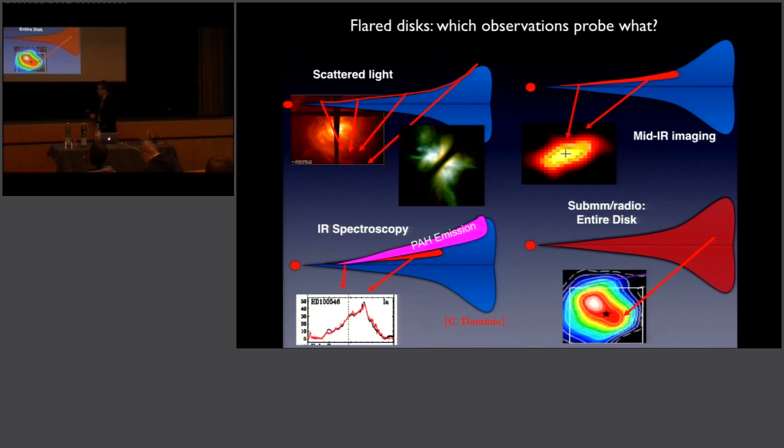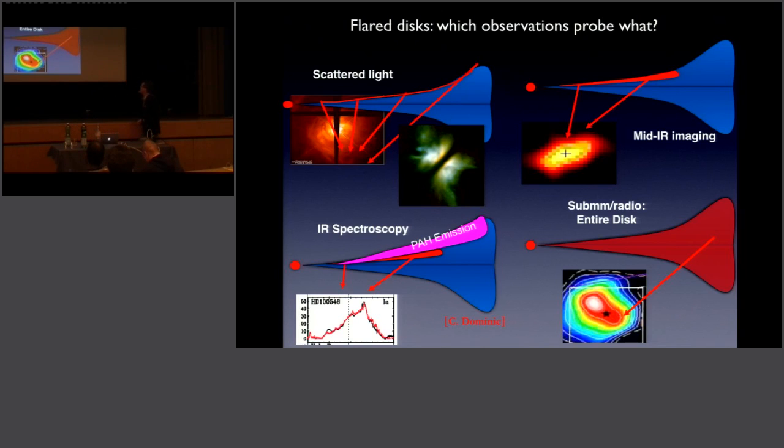And when you go to longer and longer wavelengths, you start to probe deeper and deeper into the disk and farther away into the cooler regions of the disk. And at sub-millimeter and millimeter wavelengths, you are essentially sensitive to the entire disk, because the emission is optically thin throughout most of the disk. Okay.